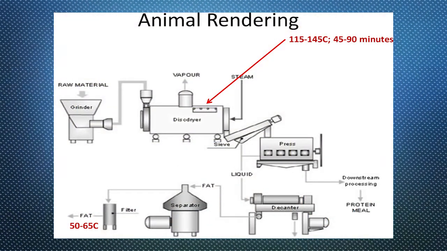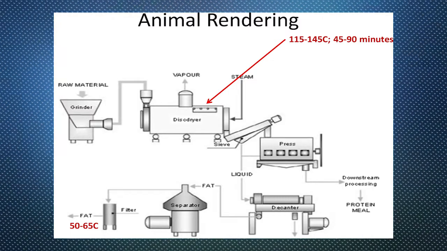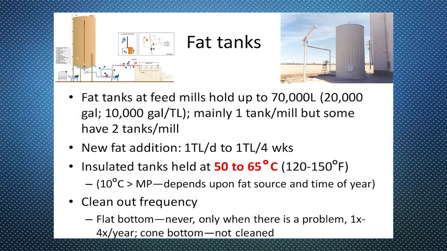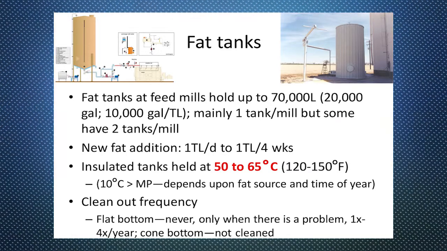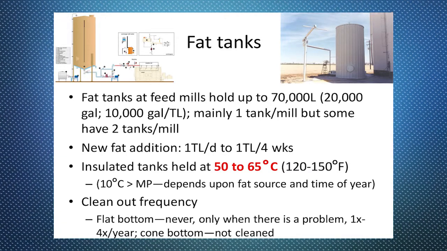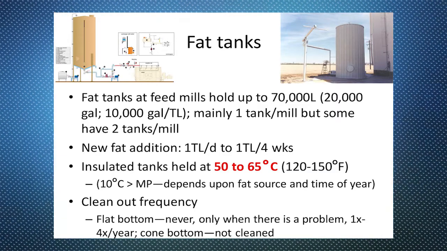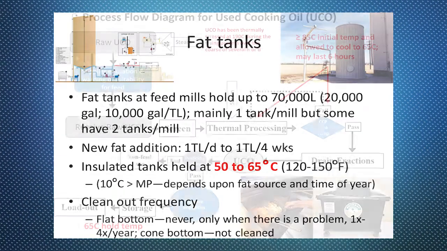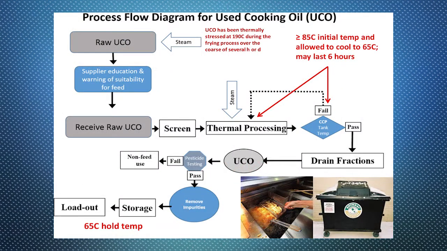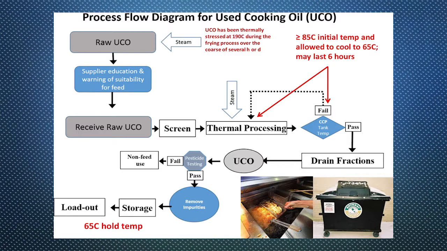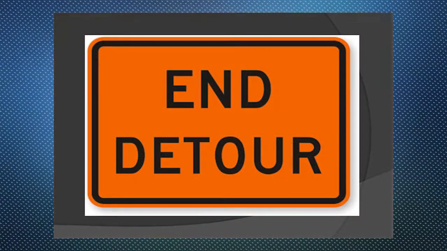Animal rendering has temperatures associated with it. Of course, fat tanks have got to be kept heated. Whether you drain those fat tanks or not can be iffy, how long it sits in there. So there's a time and temperature associated with that. Your yellow grease, your restaurant grease, not only is it processed or used at a temperature, but there's processing on that.